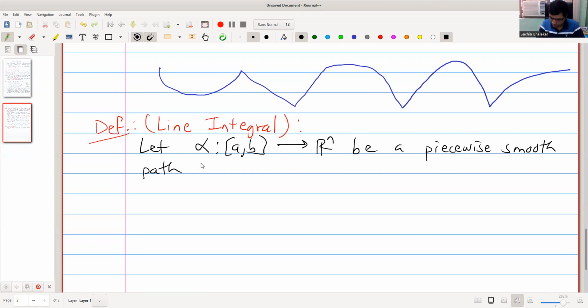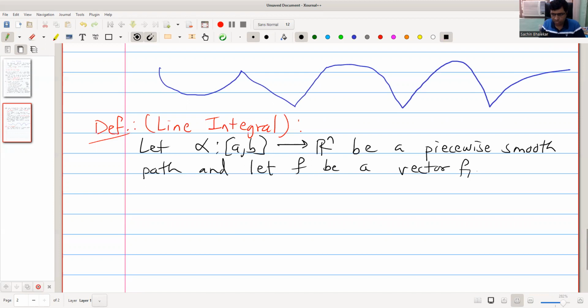And let F be a vector field defined and bounded on the graph of alpha. F is a vector valued function, so its values are in Rn.